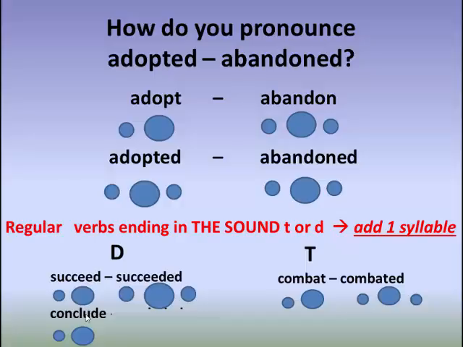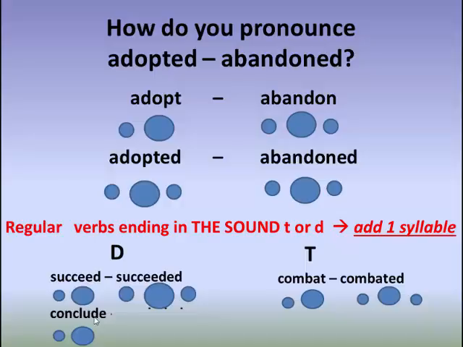Regular verbs ending in the sound T or D. It is the sound, not the letter. If it is the letter, of course that will be the sound. But sometimes the letter is not a T or D, but the sound is a T or D. In the case of conclude, the sound is D.